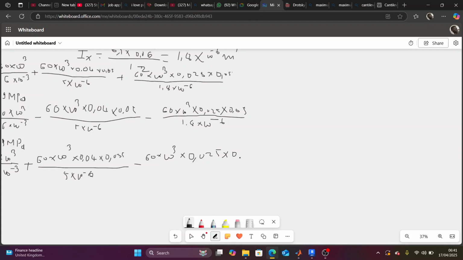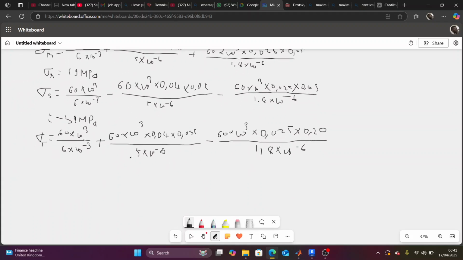Times 0.20. Everything divided by 1.8 times 10 to the minus 6. If you do this calculation, you'll find that rho at T is simply 10,133 megapascal.